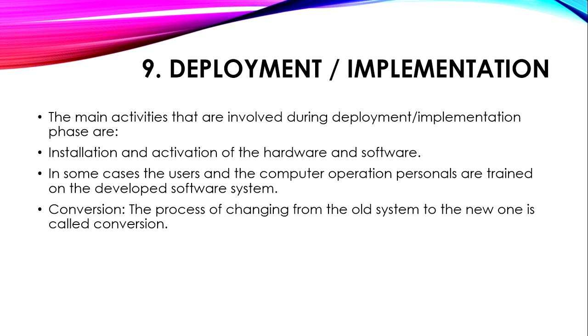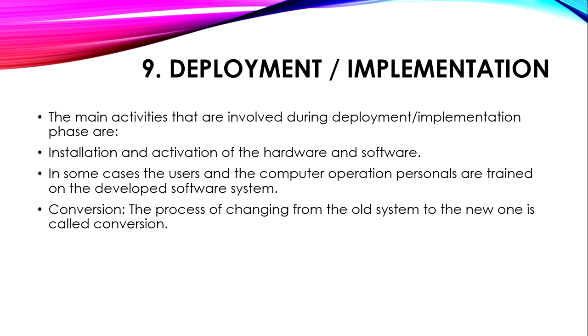Now we will move to the deployment and implementation phase. Software deployment is a set of activities used to make a software system available for use. Deployment is also called implementation.